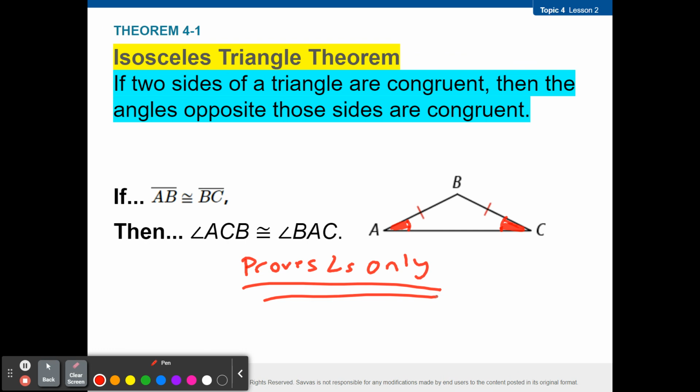Remember when we were proving parallel lines? Converse proved parallel lines. Oh, no, wait, it doesn't go opposite. Never mind. And the actual theorem proved angles. This actual theorem proves the angles. And then the converse is going to prove the sides. I'm giving you a minute to write this down. Again, you want to add this to either number 1 on page 82 or 81. Okay?